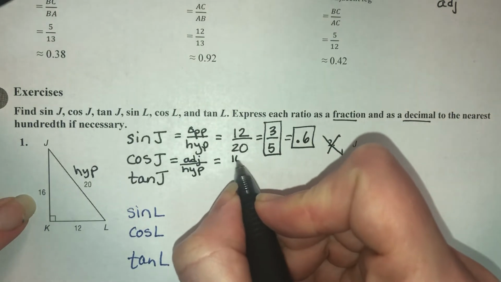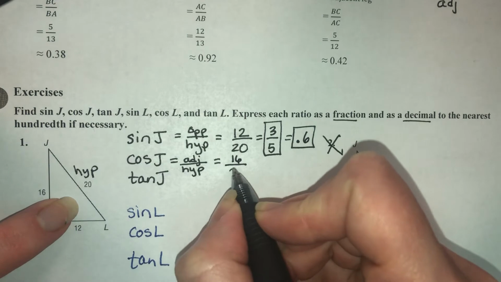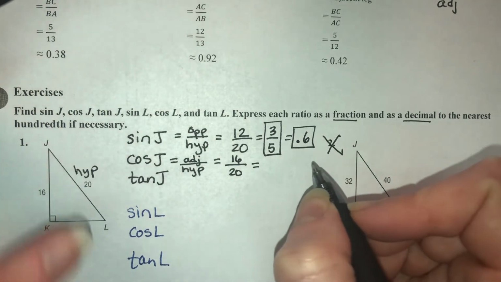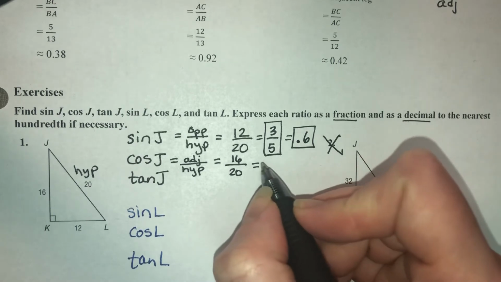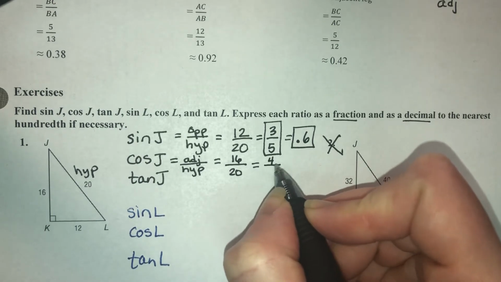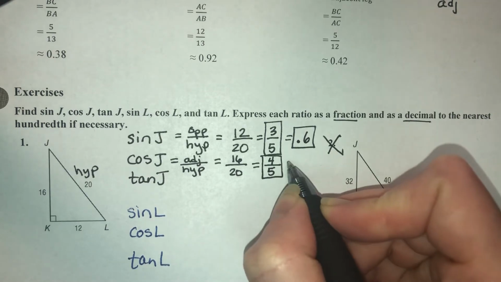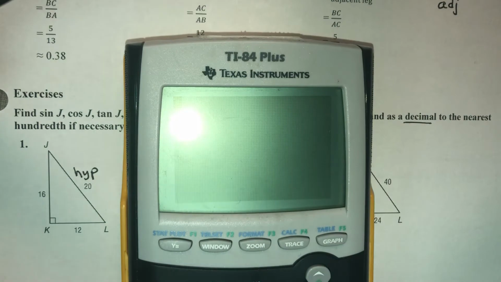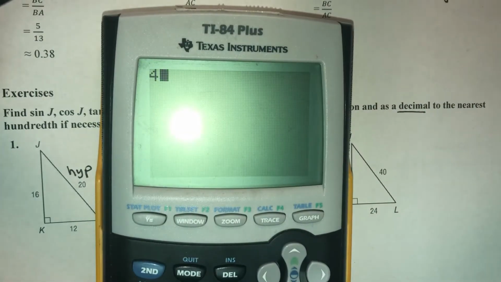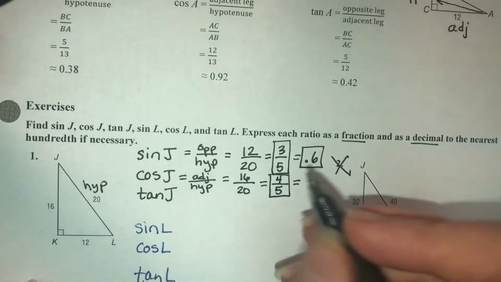So that's 16 for this problem, over the hypotenuse, which is 20. And that fraction is not simplified because 4 goes into both. 16 divided by 4 is 4. 20 divided by 4 is 5. So 4/5 would be my simplified fraction answer. And then I can go 4 divided by 5 equals 0.8 for my decimal.